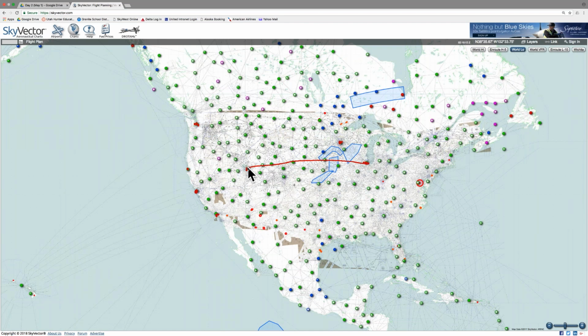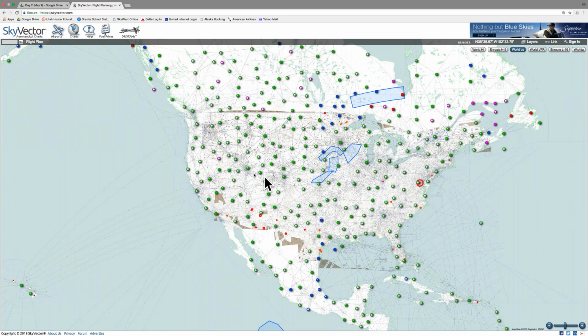And then the regional airlines technically should be flying out to these smaller airports kind of in between the hubs. That's the hub and spoke system. So you can see that this kind of makes like an old wagon wheel. That's really the job of the regional airlines, is to get to those smaller outlying airports.